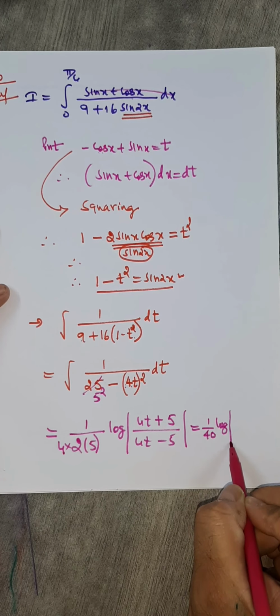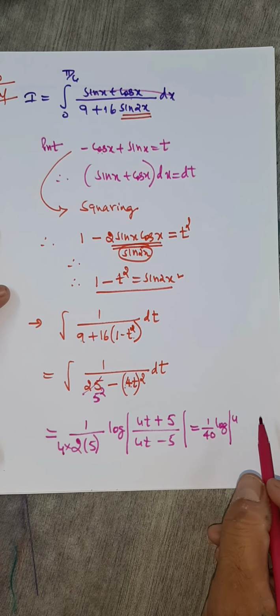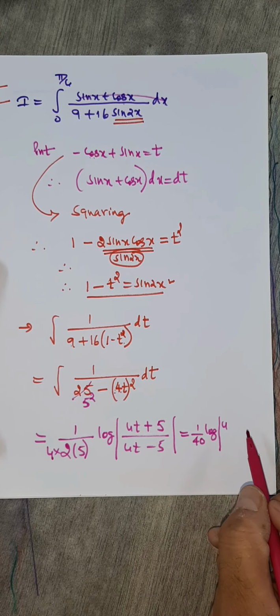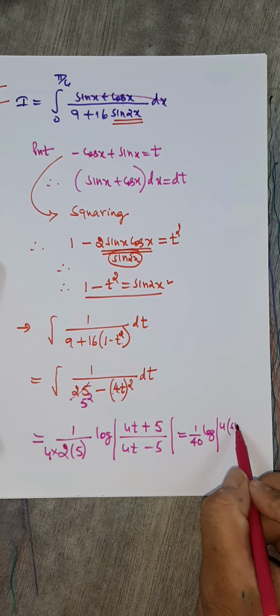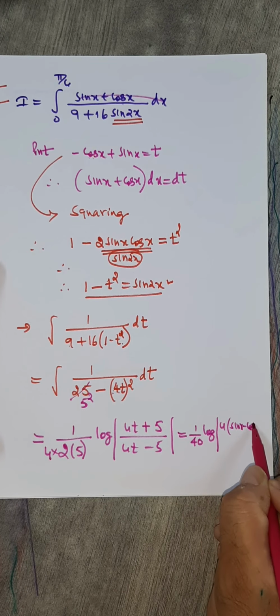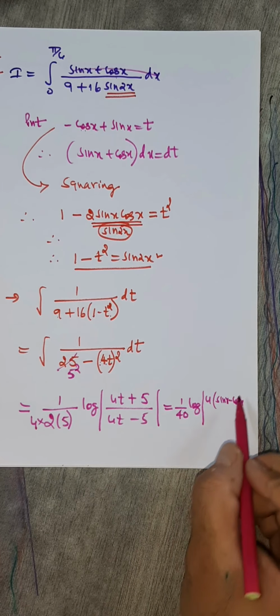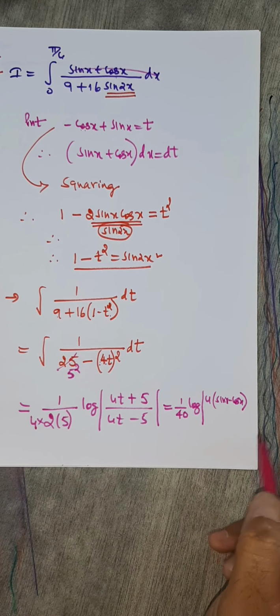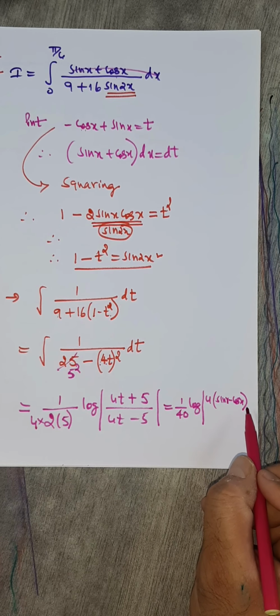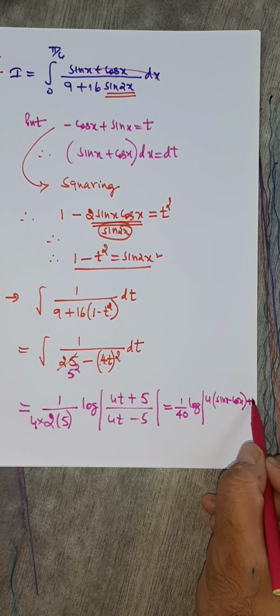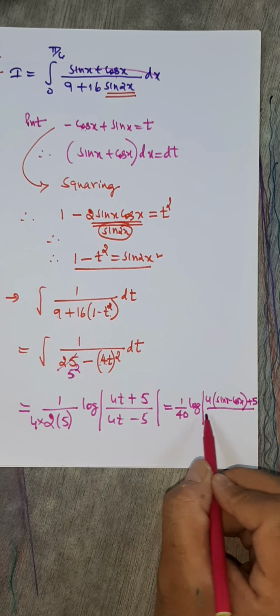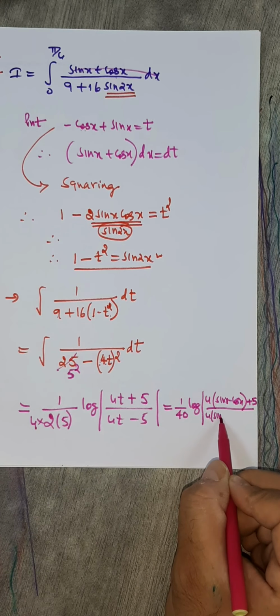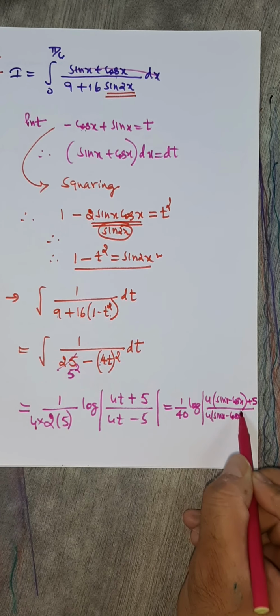Log of, what was t? t was minus cos plus sine. So it is sine x minus cos x, plus 5 upon 4 times sin x minus cos x minus 5.